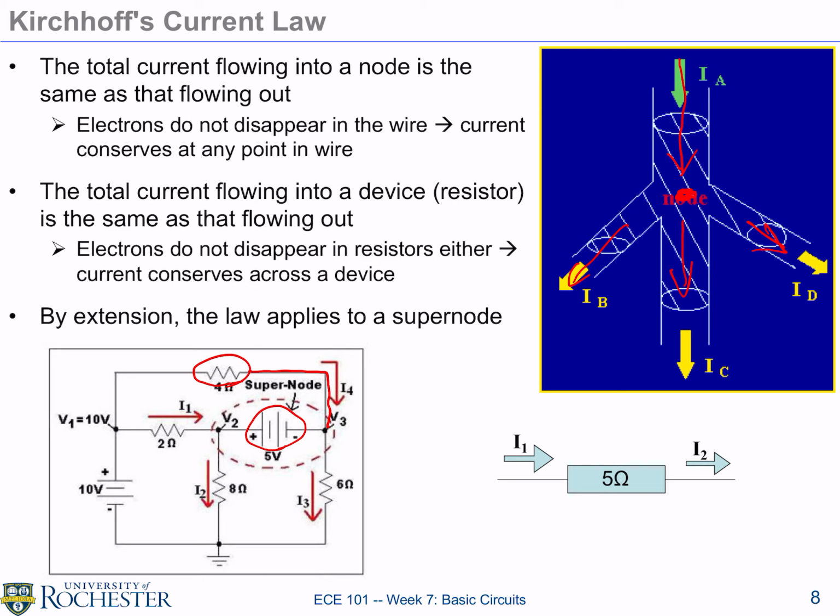If you have a frame over here and count the number of electrons, the number that comes into this frame is the same as the number that goes out of this frame in any time period. It doesn't accumulate. This is a node where there's nothing, we're not talking about some device.